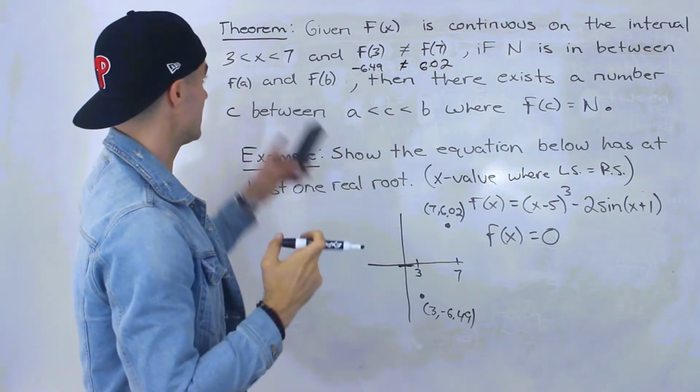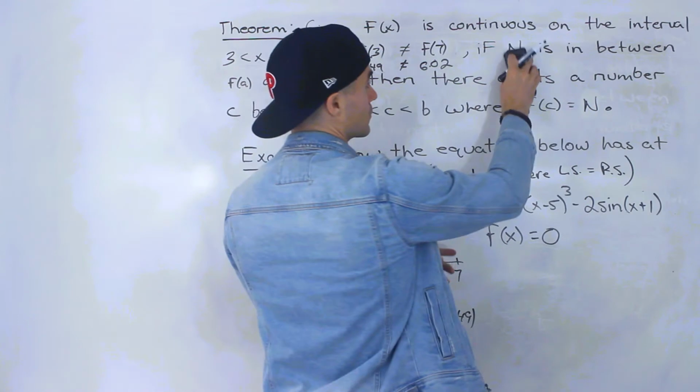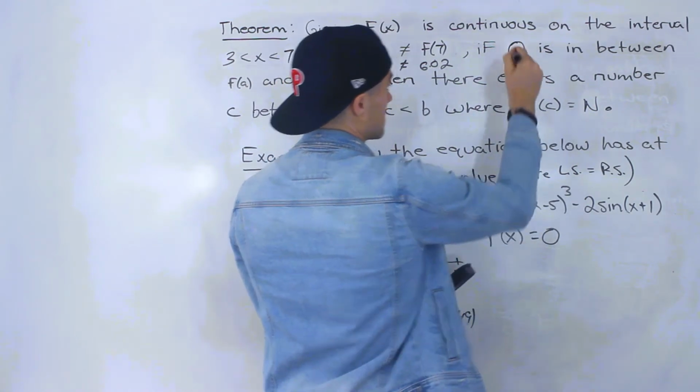If n is in between those two values, the n that we're working with is 0. We're trying to show that the function is going to equal 0 at some point.